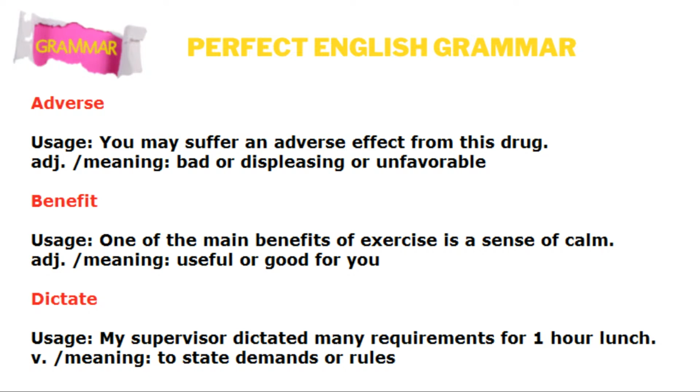An adjective meaning bad or displeasing or unfavorable. A synonym would be unfavorable. An adverb would be adversely. A noun would be adversity, and also adversary. So always remember adversity, adversary, or adversely, basically meaning bad or displeasing or unfavorable.